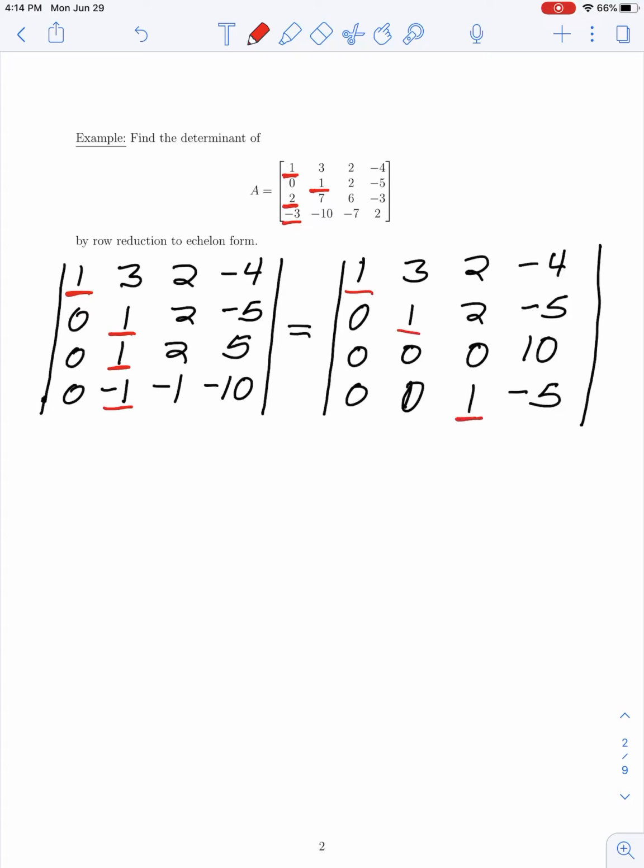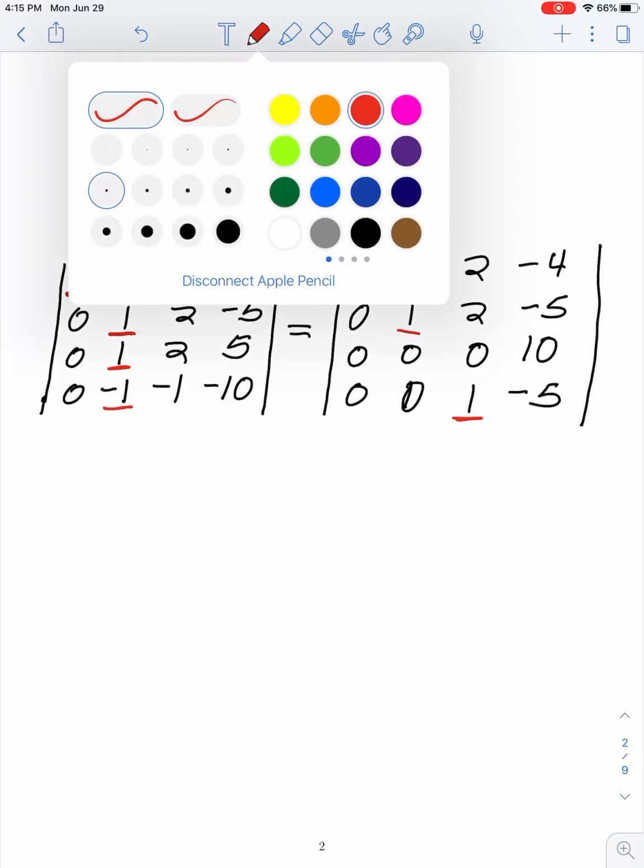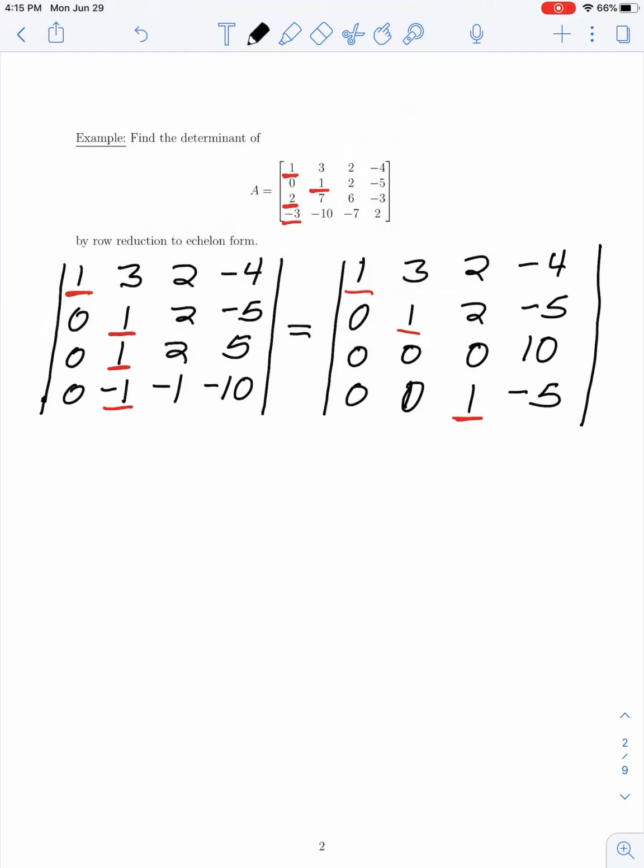And then I notice that in my fourth row, I have a leading 1 that appears in a column to the left of the leading coefficient for row 3. So to get this in triangular form or row echelon form, I'm going to interchange rows 3 and 4. And remember that theorem 3.3 says if we interchange two rows of a matrix, that makes the determinant the negative of the matrix before we perform that operation.